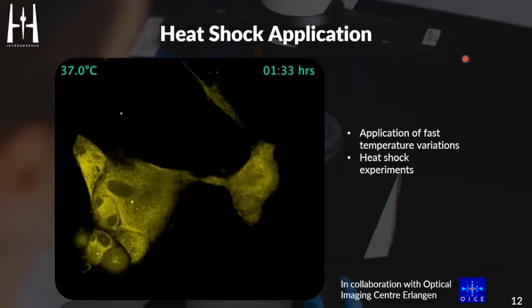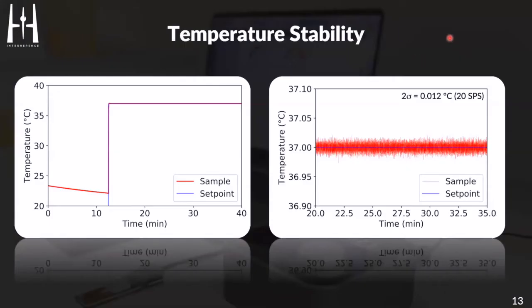Additionally, our device also allows for very precise temperature adjustment and therefore long-term temperature stability, which is shown in these graphs. This is an overview of the temperature. The VAHEAT device was switched on at this point, and then the measured temperature again follows the set point value.